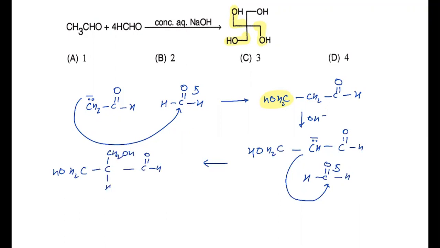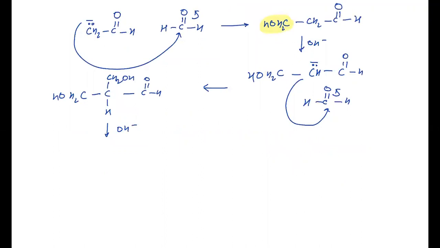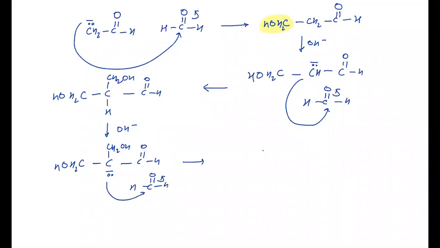So after one more step, one more CH2OH will be added to this carbon. Now one more acidic alpha H is present, which is abstracted by the base again, and one more time crossed aldol addition reaction. And finally we reach this location.